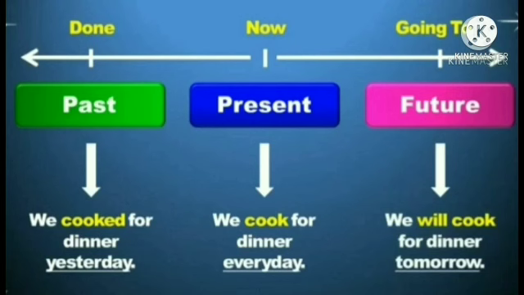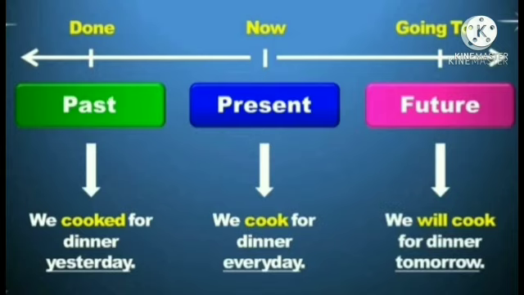Look at these examples. We cooked for dinner yesterday. Here, we are talking about the action that happened in the past. So, cooked refers to the past time and hence past tense. We cook for dinner every day. Here, we are talking about the action that takes place in the present time.